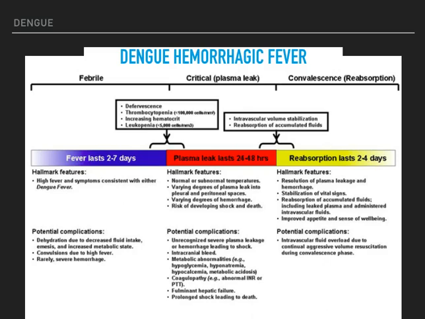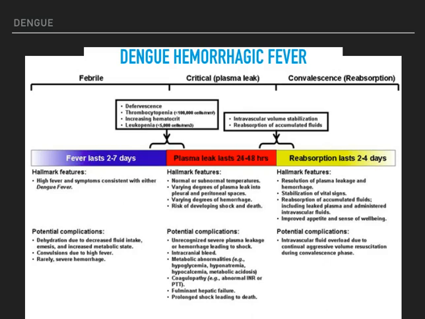There are some warning signs that they may shift from the febrile phase into the plasma leak phase, and that includes defervescence, thrombocytopenia, leukopenia, and increased hematocrit from a fluid shift. So the second phase, the plasma leak phase, lasts about 24 to 48 hours, and that is sudden onset with varying degrees of plasma leak into the pleural and abdominal cavities.